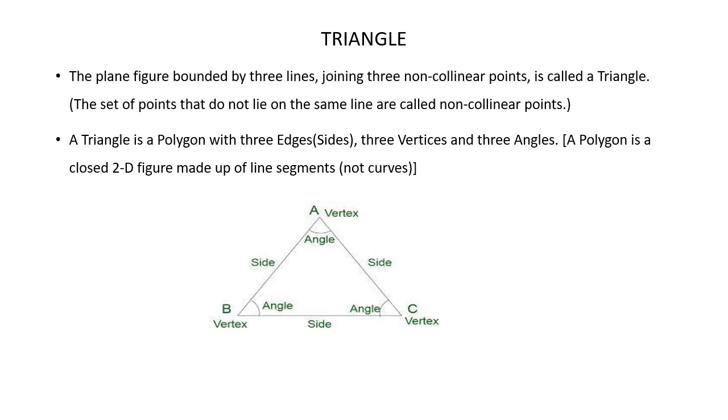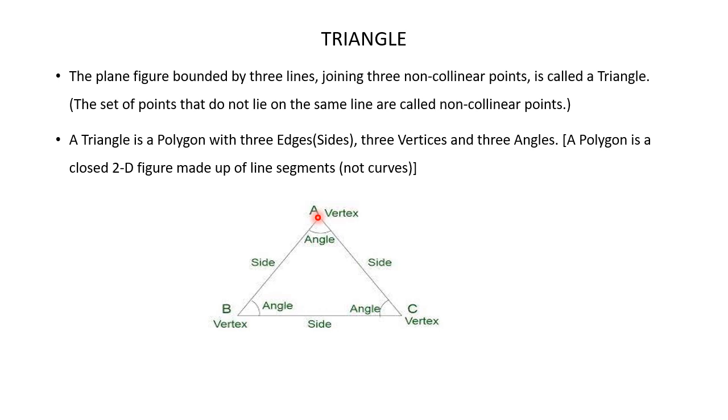A triangle is a polygon with three edges or sides, three vertices and three angles. So what's a polygon? A polygon is a closed 2D figure made up of line segments, not curves. So this triangle is a polygon and it has three edges or sides.